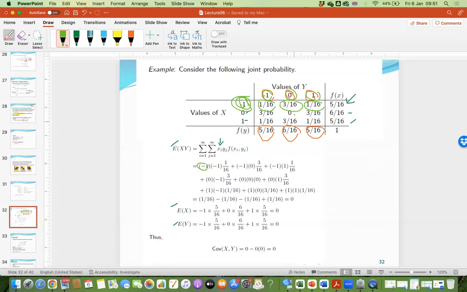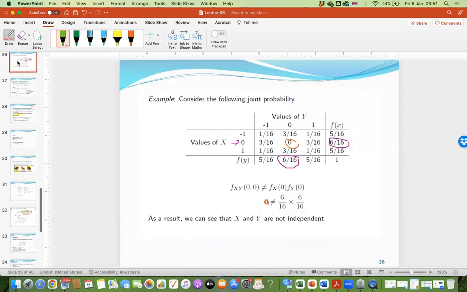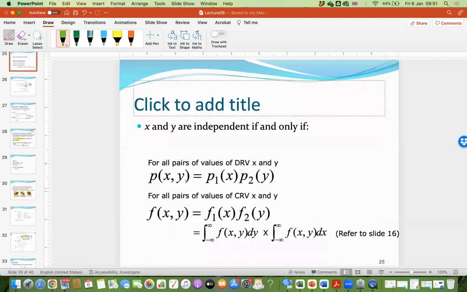So the best way is to check whether EXY equals EX times EY. You have to look at this one. If they are the same, yes.